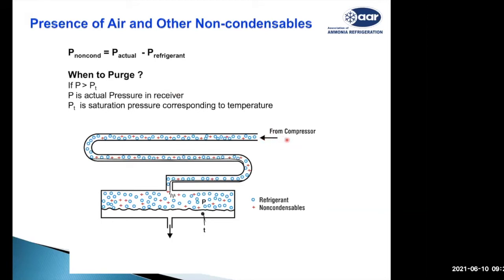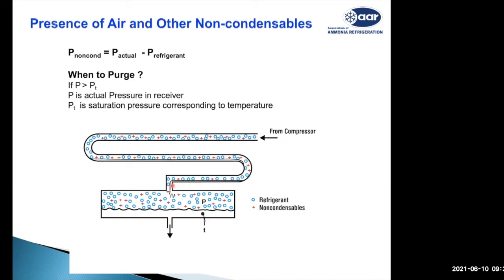So when a gas enters from the compressor to the condenser, you can find here there is ammonia and there is air. The gas enters the condenser from the top side, and slowly it starts condensing and becoming a liquid.